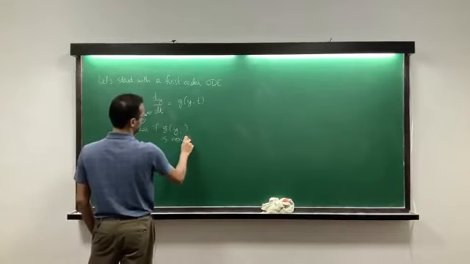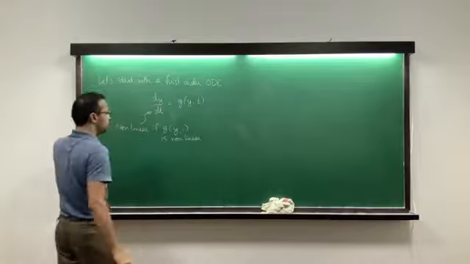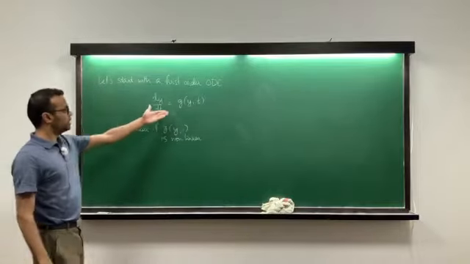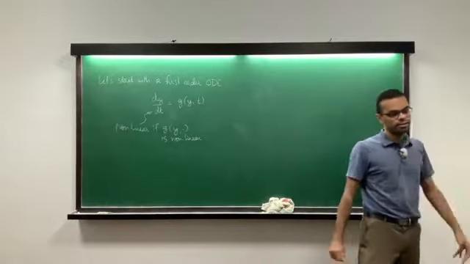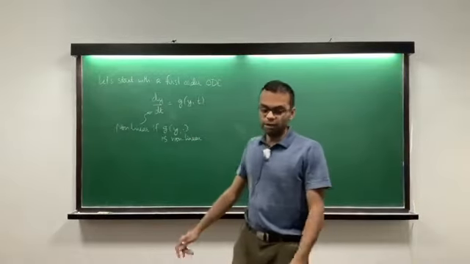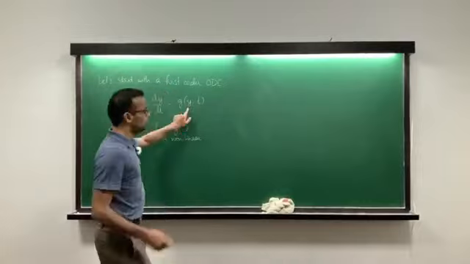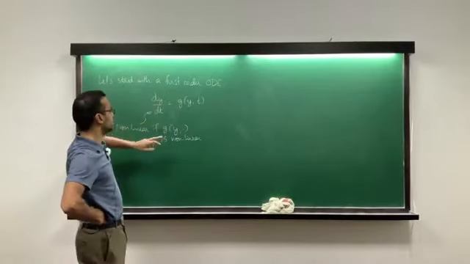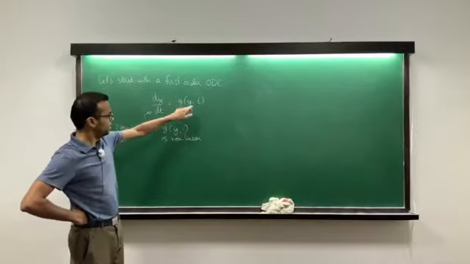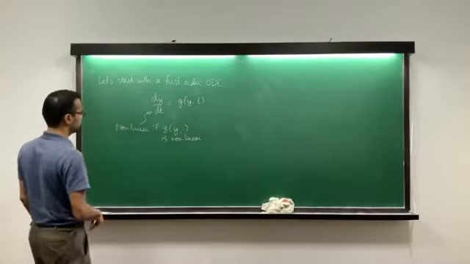So you could have a linear equation where G depends nonlinearly on t. So G could be like exponential to the t or t to the power 3 by 2 or whatever, but as long as its dependence on y is not nonlinear, you will not call it a nonlinear equation. So it's only nonlinear if the y dependence of G is nonlinear. Okay, it's something to keep in mind.